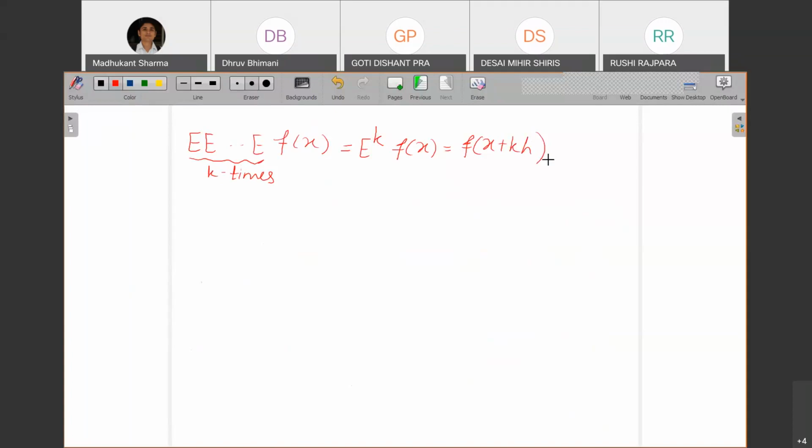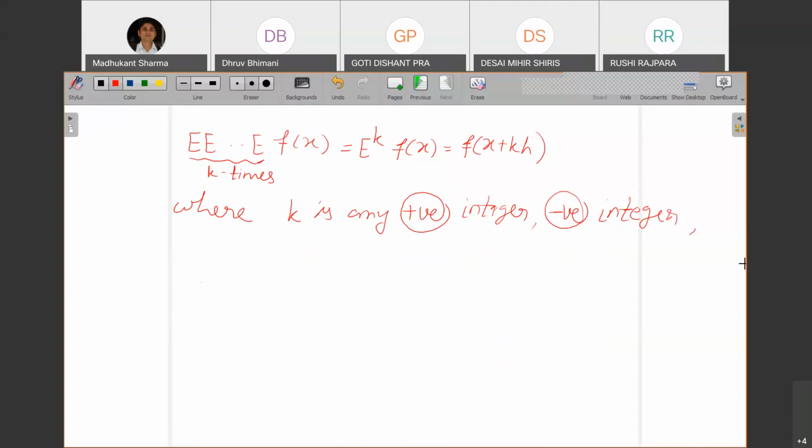Here k can be any positive integer, and negative integers are also possible by taking h equal to minus h. So E to the power minus k f of x is f of x minus kh.